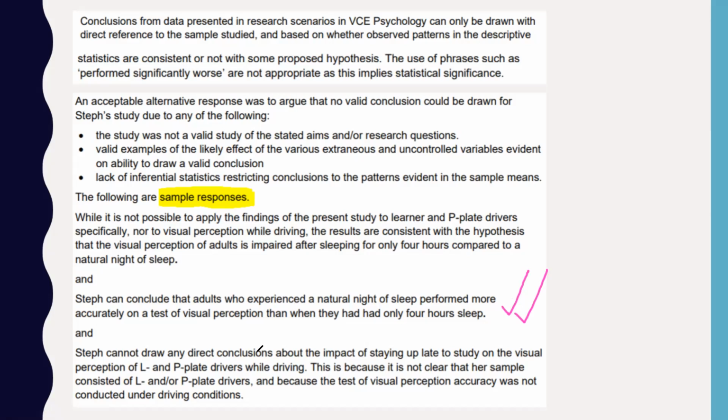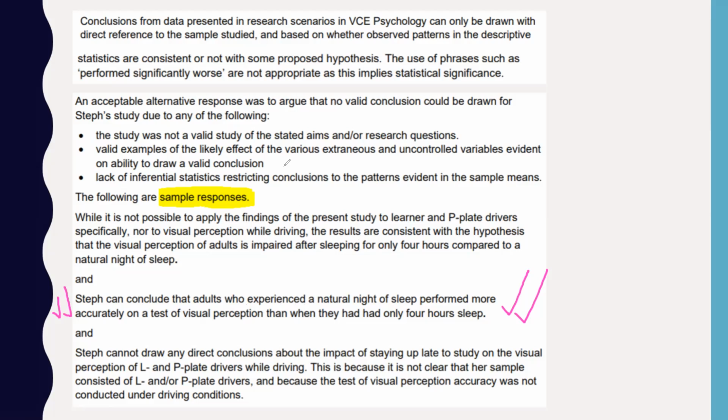Okay, you can talk about the fact that because Steph didn't specifically do the visual perception test with reference to driving related conditions, we can't really draw a proper conclusion based on that. Again, like I said, the simplest one to do, straightforward, easy, is the second one here. So try to frame your conclusions in terms of these 3 components. This is the easiest way to go about it.